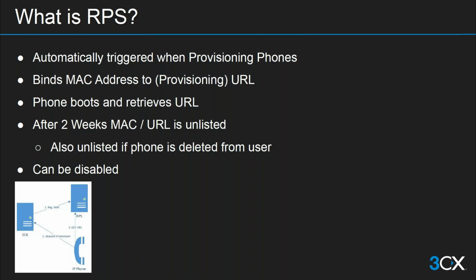Then based on the information we set up on the back end of RPS, RPS says yes, go to that link and redirects the phone, and the phone then goes to the phone system and gets provisioned. So it downloads the configuration, sets itself up, and registers.